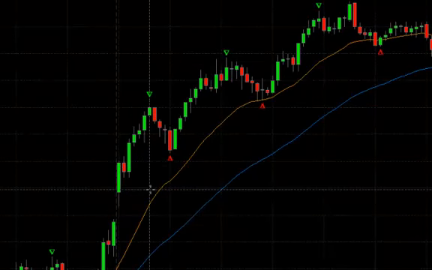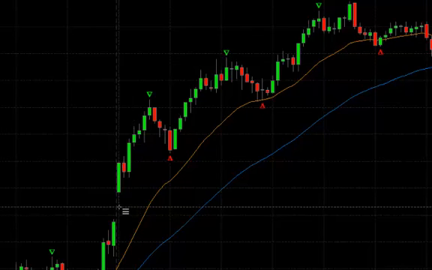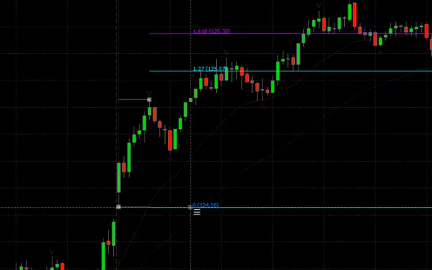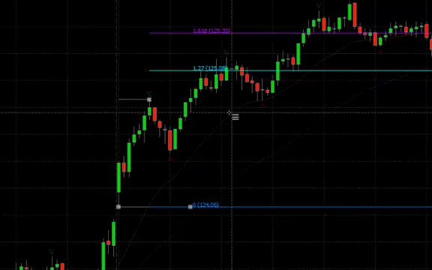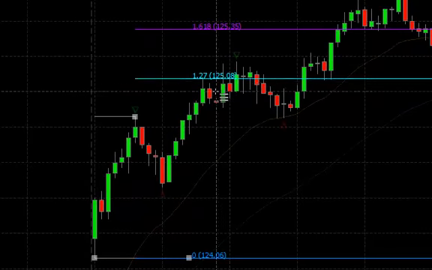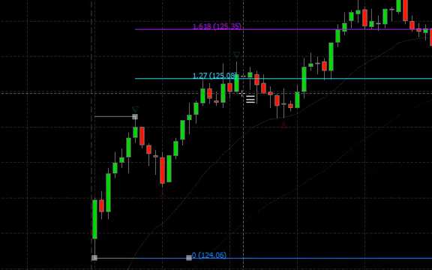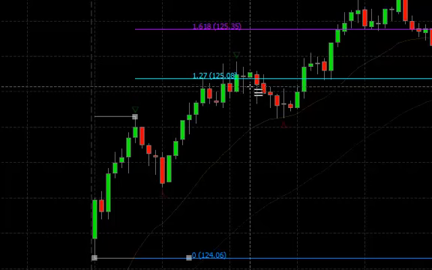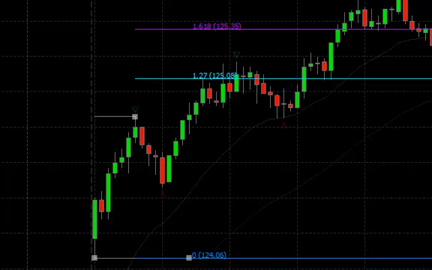you can take your projection tool, bottom to top, back to bottom, and your target for the next wave would have been in this area right here, which we basically just made it into and kind of made shooting stars, some upper legs on these candles, which showed you that the market probably was going to pause there, and we made lower, so kind of a negative divergence in stochastics.